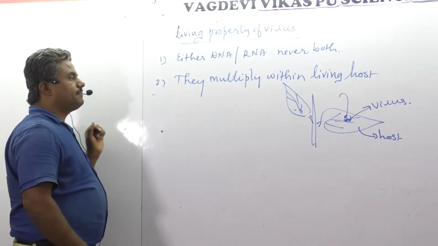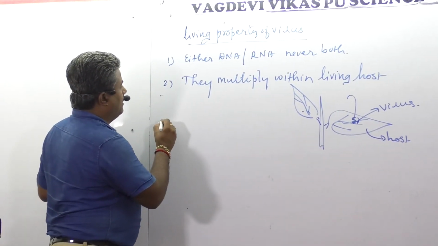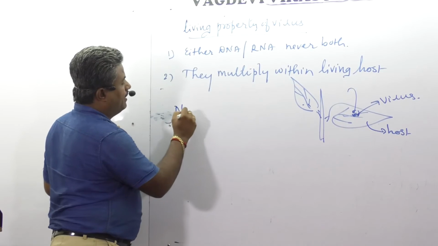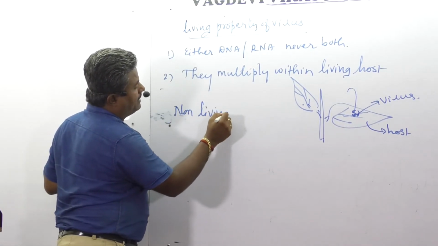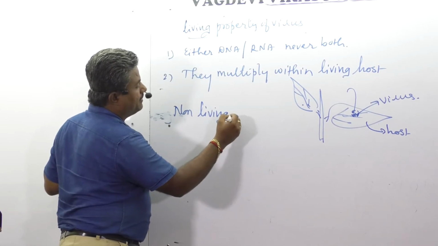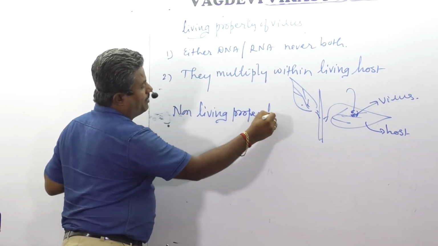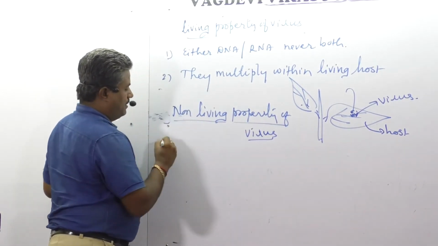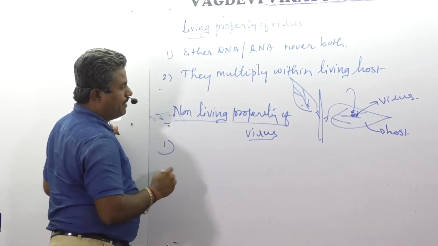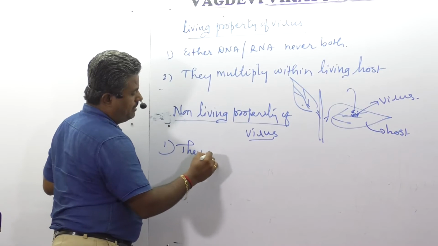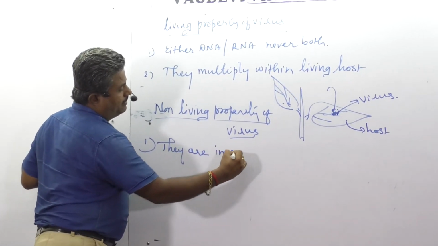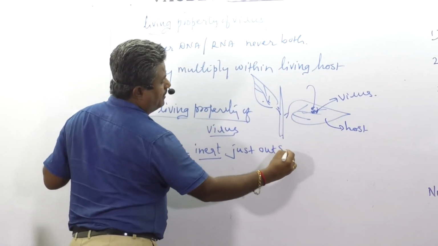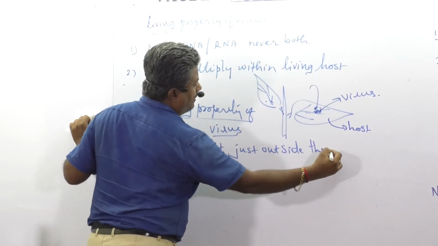And then non-living property. Why are these called non-living things? Non-living property of virus: here they are inert just outside the living host.